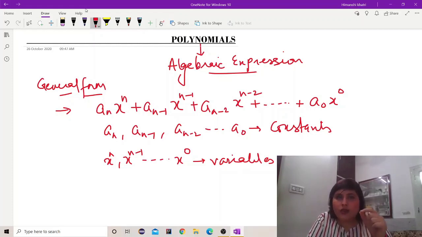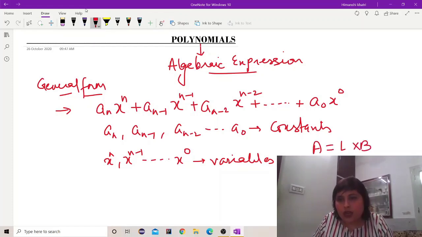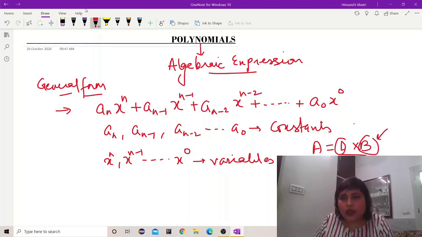So we denote the area like this: A equals L into B. We are writing two alphabets and showing that these two values do not remain the same. So you can put any value, each time you have a different value, you can put those values here. So this is not a fixed one. You can replace it every time you have a different value.